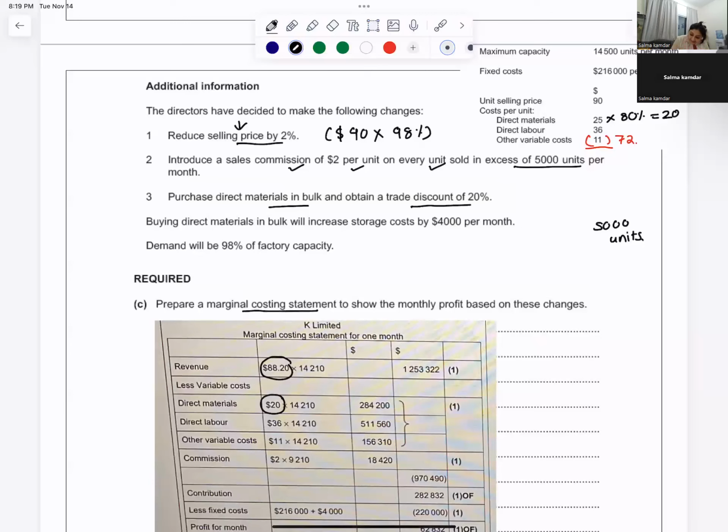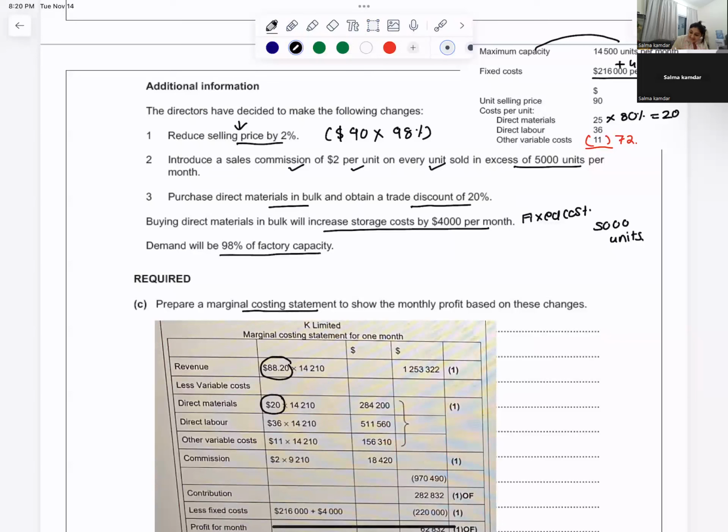Buy direct material in bulk with increased storage cost of 4,000 per month. That means I will have an extra fixed cost of 4,000 per month in addition to the original fixed cost. So my fixed cost will be 216,000 plus 4,000. Demand will be 98% of the factory capacity.